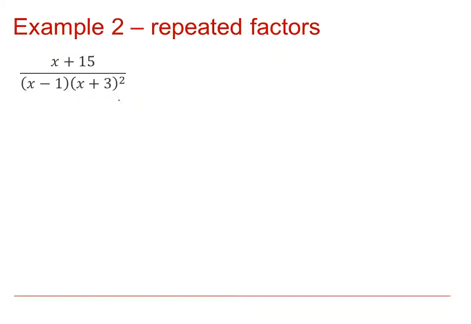So in this example, notice we have a linear factor x minus 1, but we have a repeated factor x plus 3, so it's (x plus 3) squared. So the partial fractions we would set up here would be a over the linear x minus 1, b over the linear x plus 3, but we'd also need a c over (x plus 3) squared.